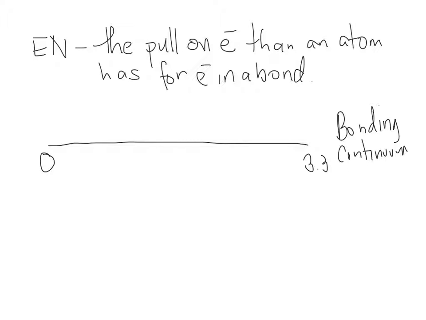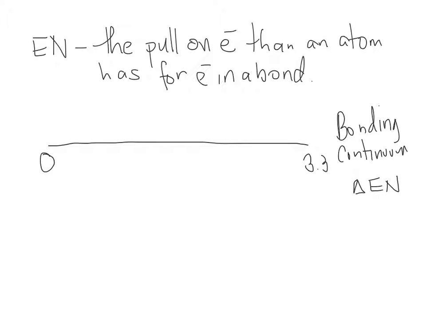And we get it by figuring out the difference in electronegativity. So that's a triangle. That means difference. EN, electronegativity. So the difference is either 0 or something in between 0 and 3.3.